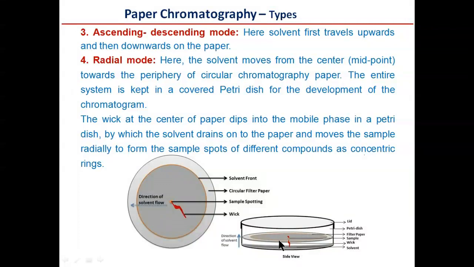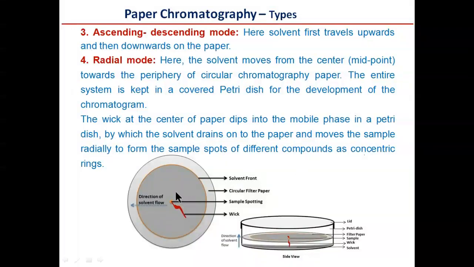You can see here is the side view. The wick at the center of the paper dips into the mobile phase. You can see it is already dipped in the mobile phase reservoir in the petri dish, by which the solvent drains onto the paper and moves the sample radially. The samples are getting moved radially to form sample spots of different compounds as concentric rings.